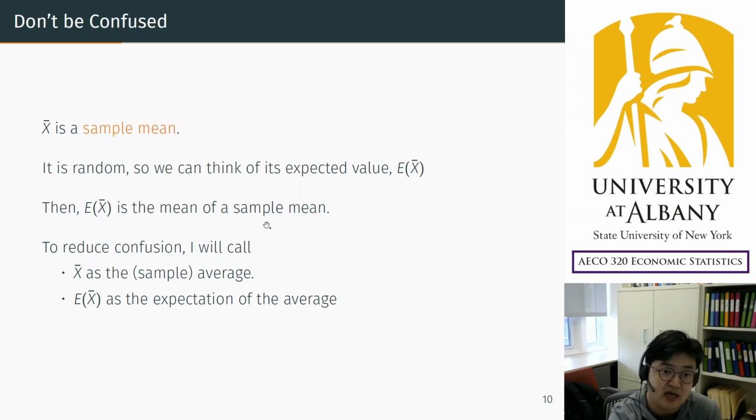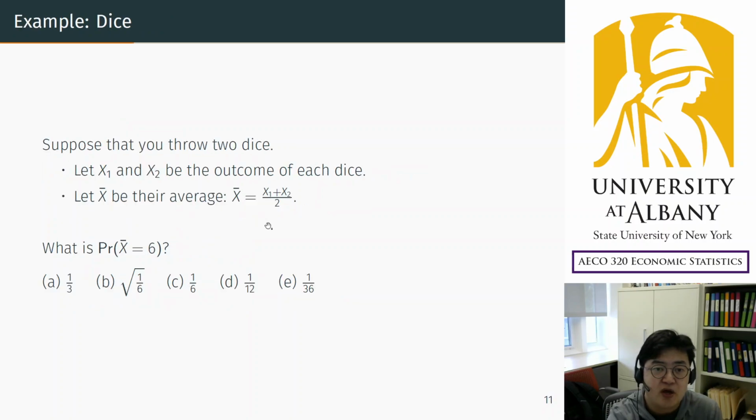What is random, what is not? Okay, in the next video, I'm going to think about an even easier example. Dice, rolling a dice. Suppose that you are throwing 2 dice. This is a kind of random sampling. In the simplest possible case, one experiment is throwing 2 dice at the same time, and you are going to calculate the average of these 2 dice, right?